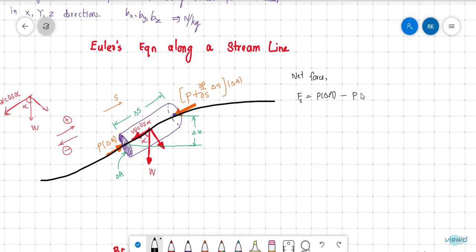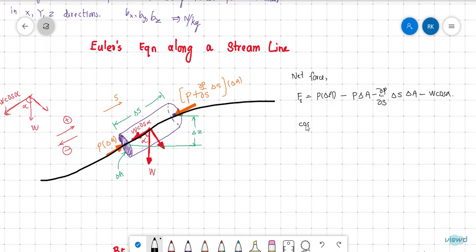So minus P into delta A minus dou P by dou S delta S into delta A. So that is negative direction. And there is weight, minus W cos alpha. So this is the force balance equation.